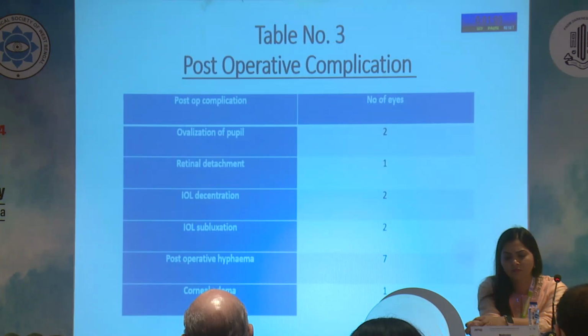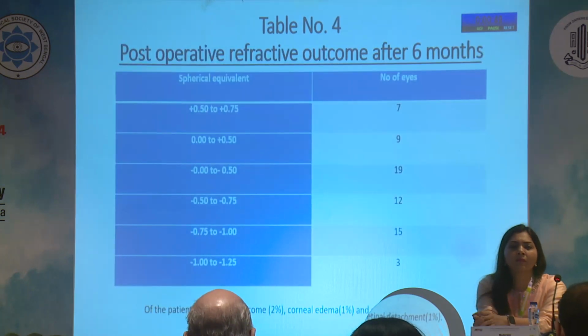The most common postoperative complication in my study was postoperative hyphema. There was very little IOL subluxation or decentration. The mean postoperative refraction was minus 0.5 spherical equivalent in 19 eyes. Next was minus 0.75 to minus 1.